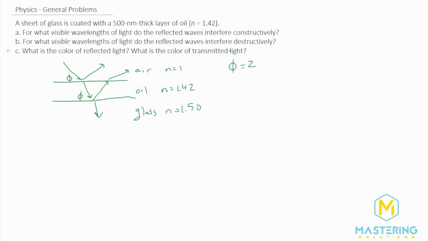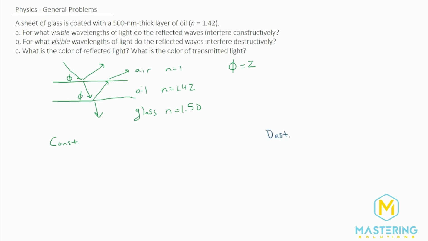And we have to figure out the visible wavelengths that interfere constructively and the visible wavelengths that interfere destructively as well. What equations are we going to use? Let's do this side as constructive, and then over here we have destructive.